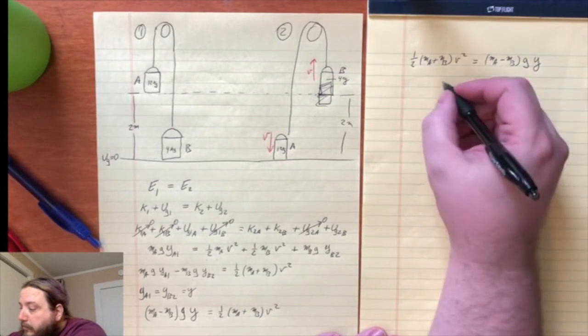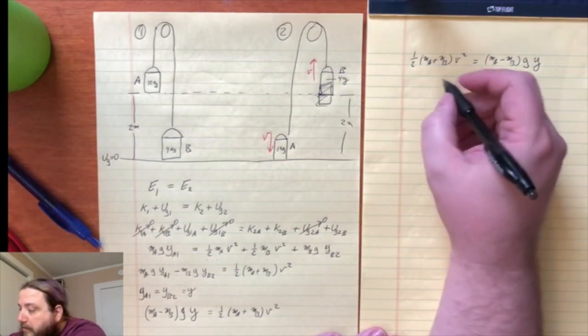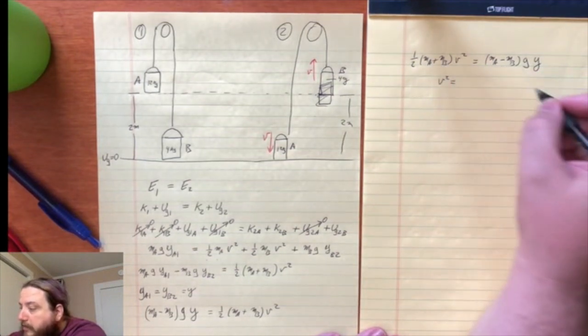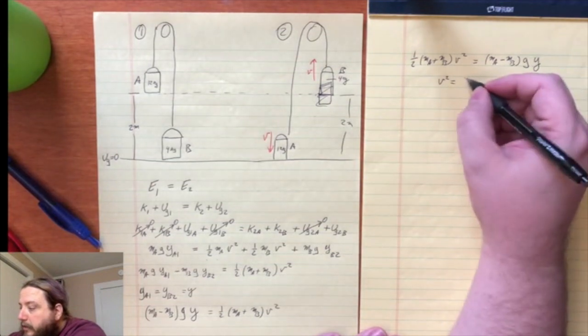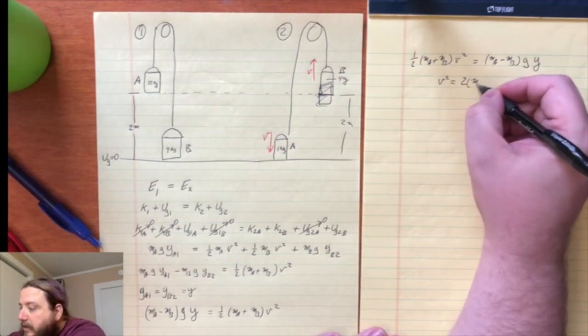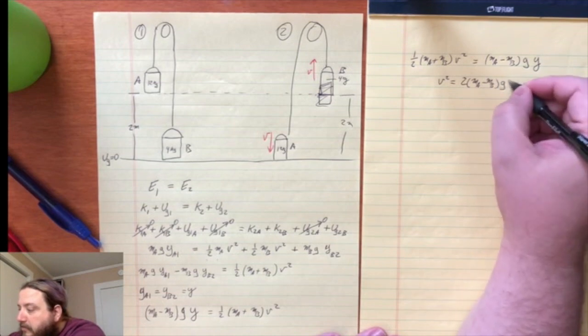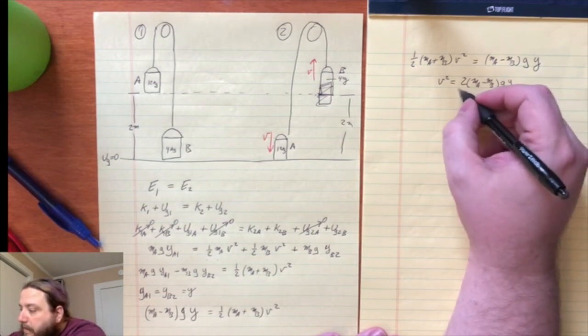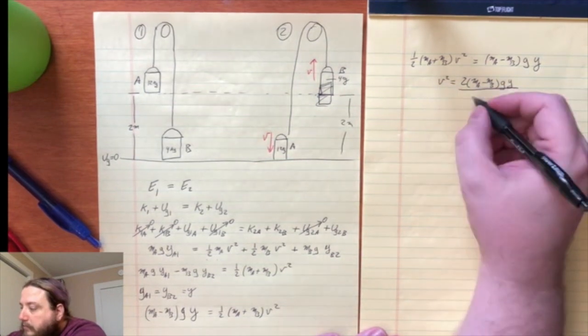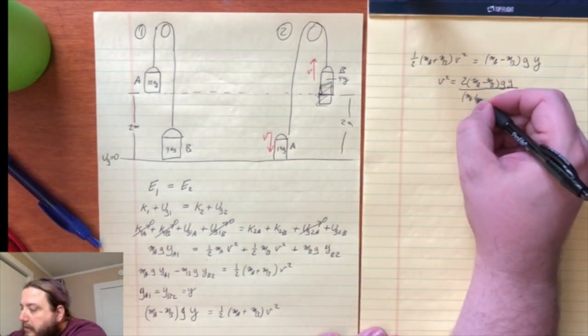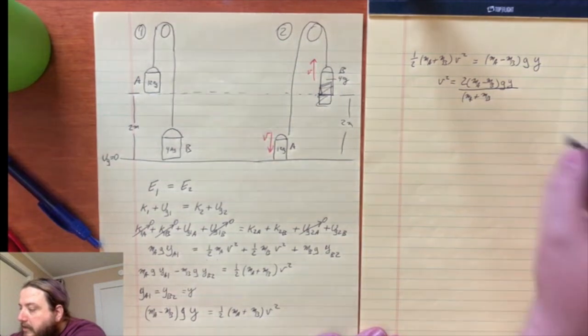Pull the 2 over and pull the mA plus mB over, so v squared is equal to twice mA minus mB times g times y over mA plus mB.